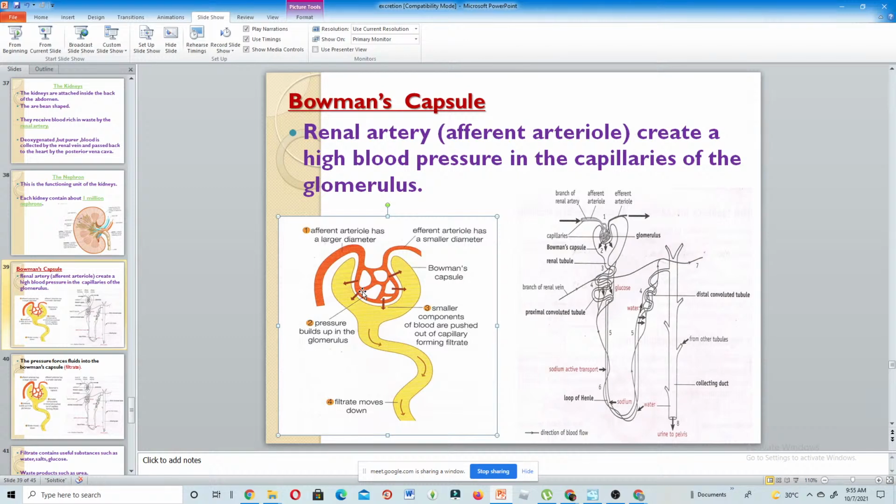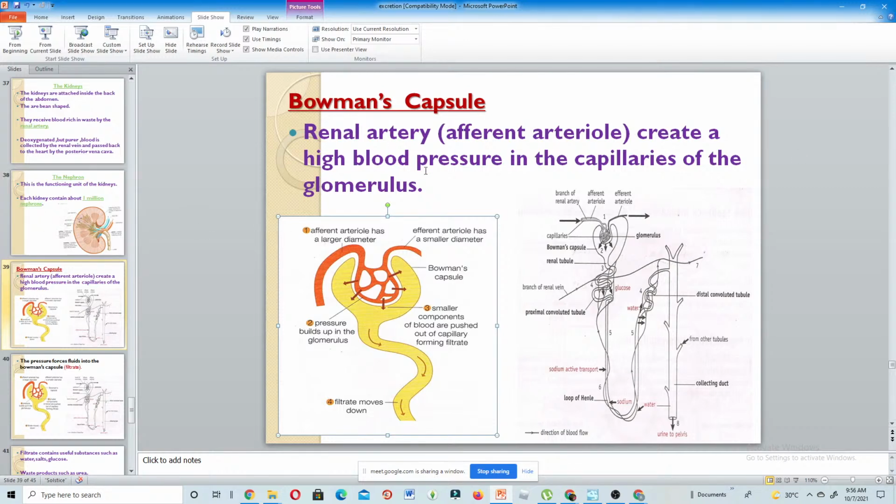So inside the glomerulus, which of course is a network of capillaries, you'll actually find blood. The blood contains both useful and of course waste material.